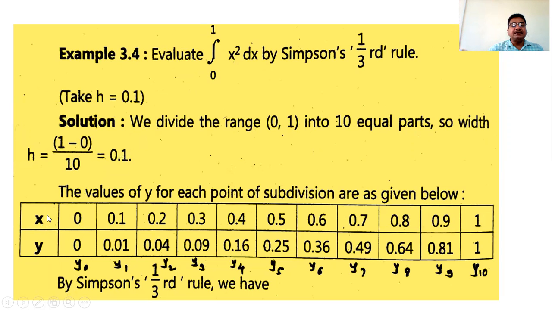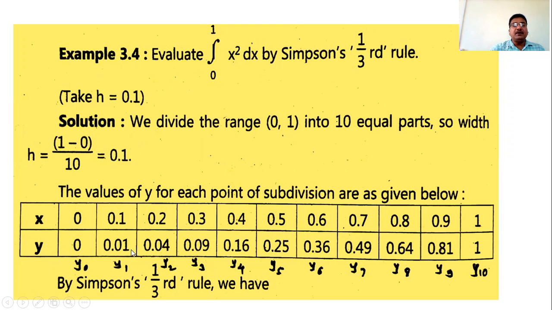And how can we prepare the table? The first row has the values of x, and the second row has the values of y. What is the first entry in the first row? The value of x is 0, that is the lower limit. And how can we find the next values of x?